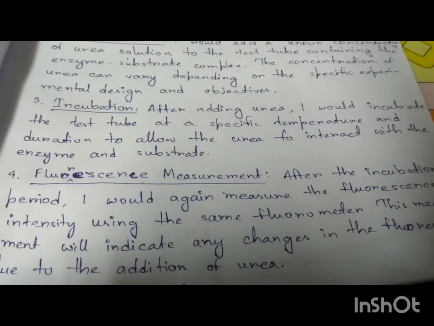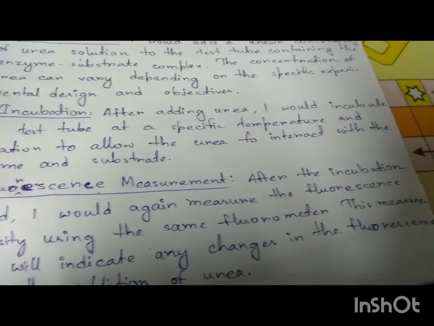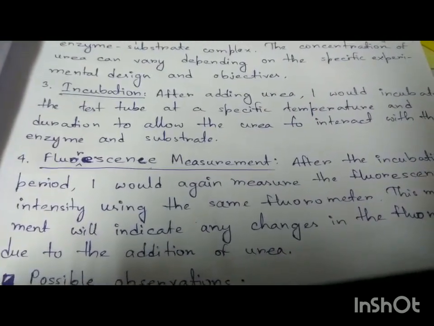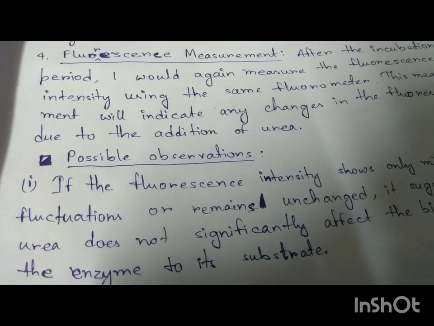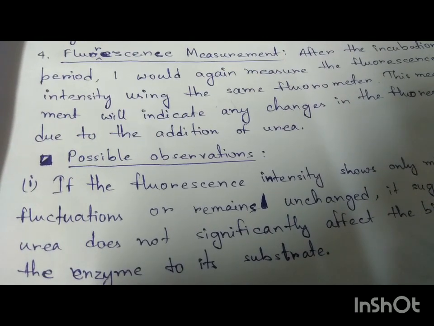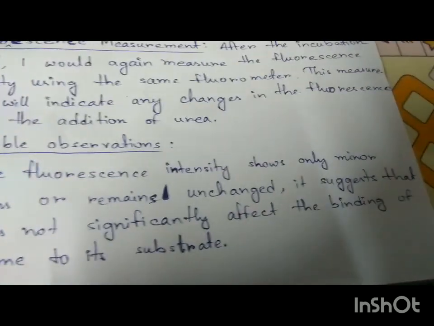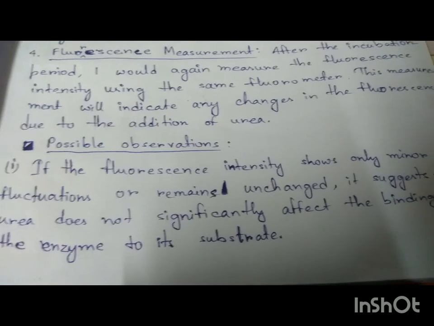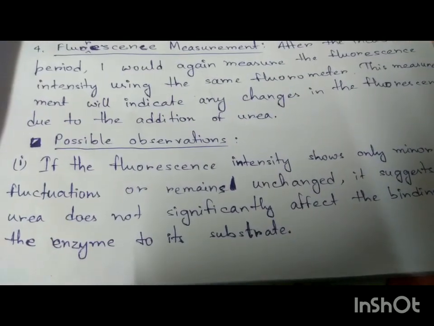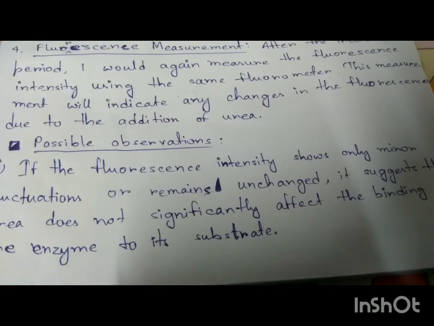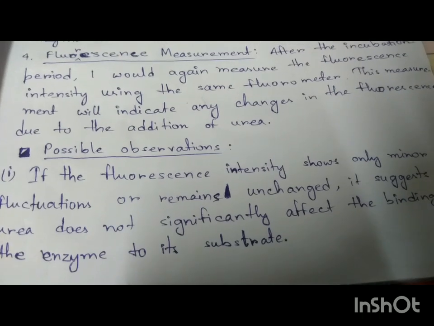This measurement will indicate any changes in the fluorescence due to the addition of urea. Coming to this point, possible observations. If the fluorescence intensity shows any minor fluctuations or remains unchanged, it suggests that urea does not significantly affect the binding of the enzyme to its substrate.